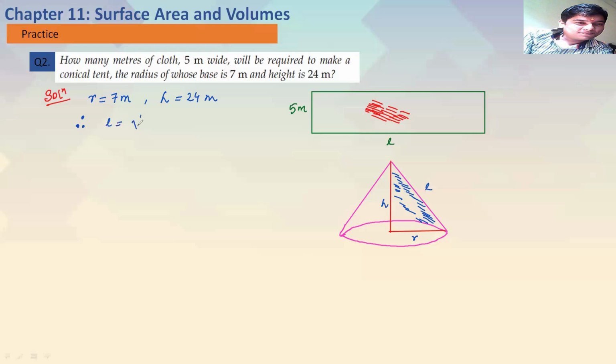L square equals R square plus H square, right? So we may write L as square root of R square plus H square. R is 7, 7 square plus 24 square. It's the same as the previous one, right? So this is 625 and that is 25.